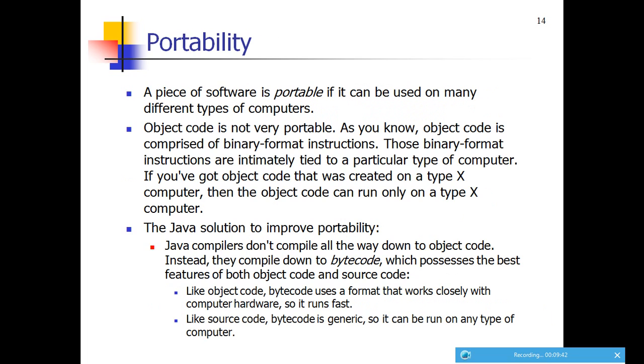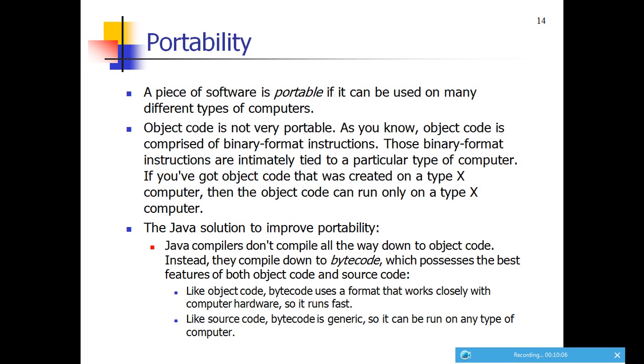Portability. What is portability? If you design a GUI or tools or components, and everything is easy to adapt to any other environment, that is the best portability. A piece of software is portable if it can be used on many different types of computers. Object code is not very portable.